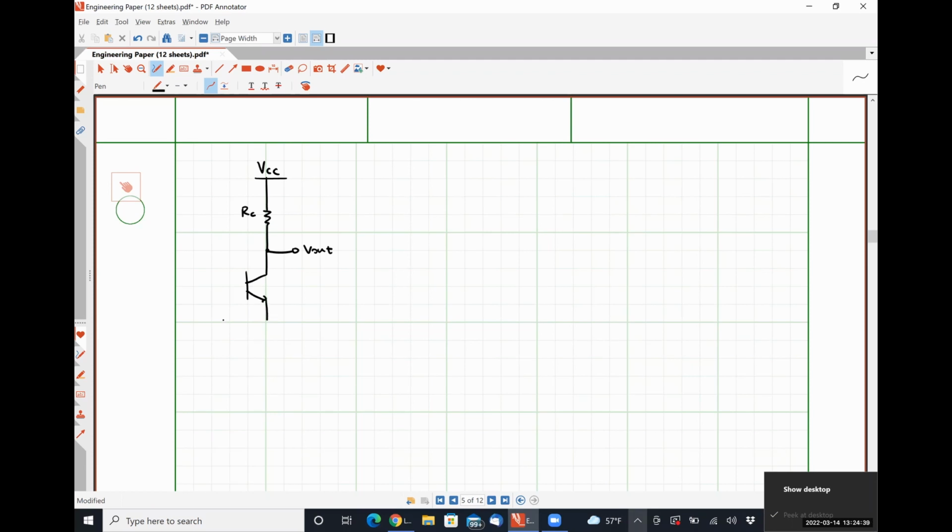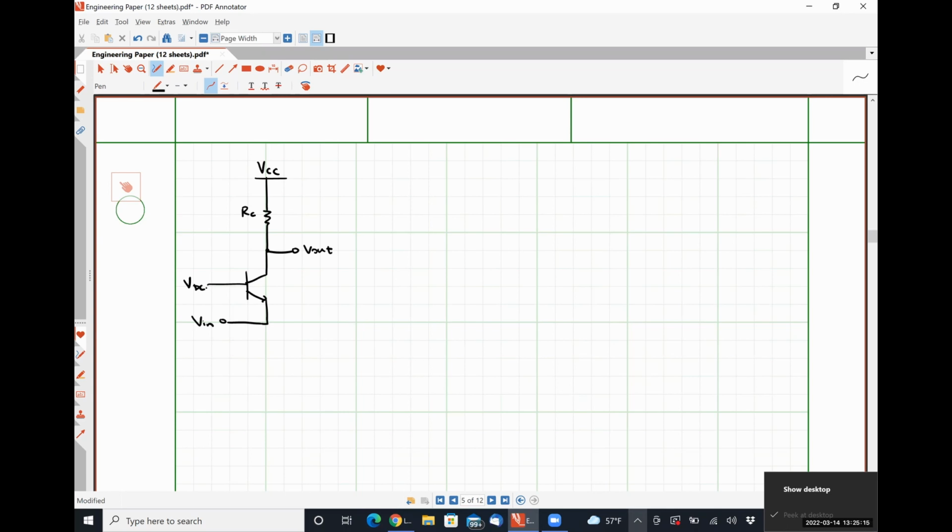We are applying our input voltage at the emitter. And then we have a bias voltage, which I'm just going to call VDC because I'm not giving myself enough room to write the word bias. What I would like for us to do is to calculate the voltage gain of this circuit, including Early effects, which I do not believe that we did in 335 because it was deemed difficult, right?